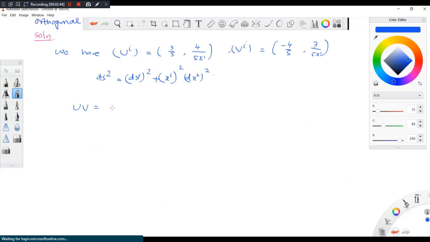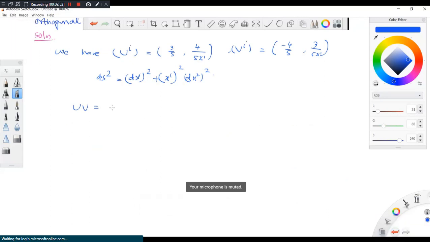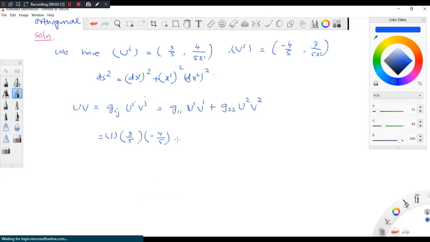into U1 V1. So what is U1? U1 means 3 by 5. V1 means minus 4 by 5. Plus g22. What is g22? x1 square, into U2.